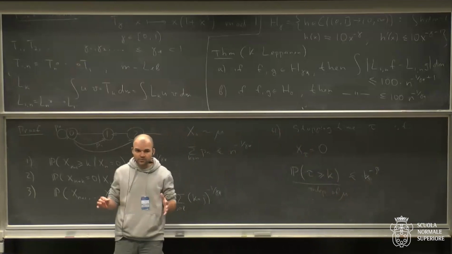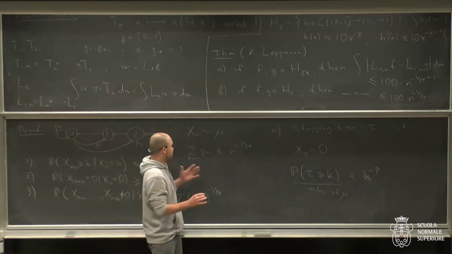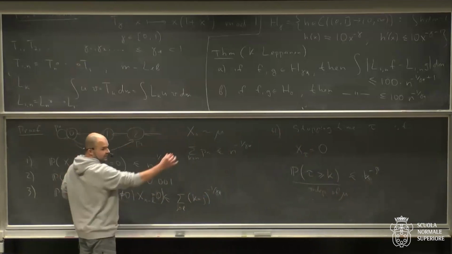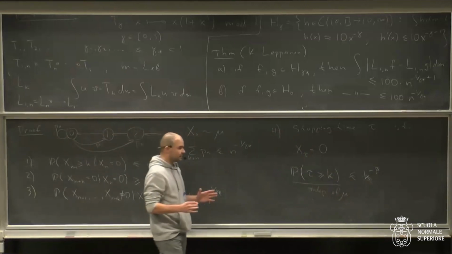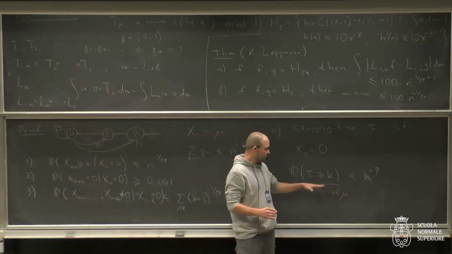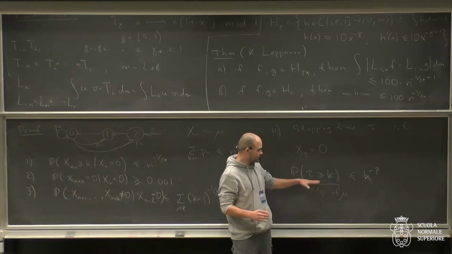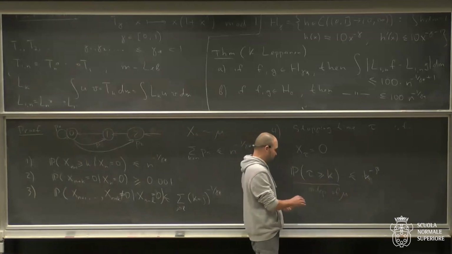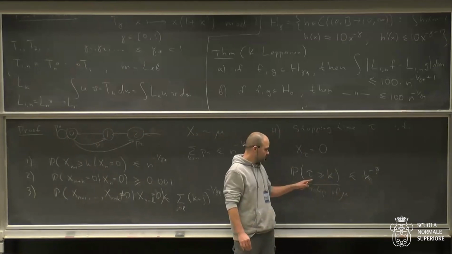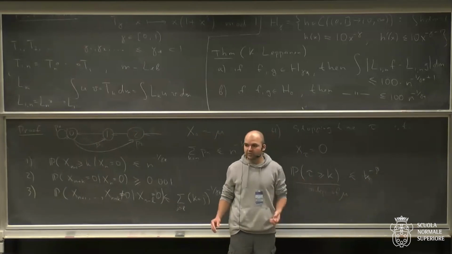So regardless of which measure you feed me, given that it's not concentrated too far to infinity, I'll give you a stopping time so that the probability to stop at time k will be independent of the measure.